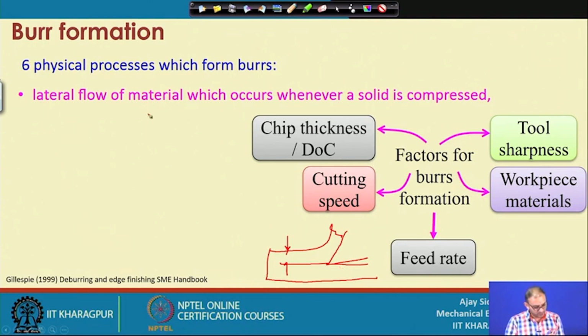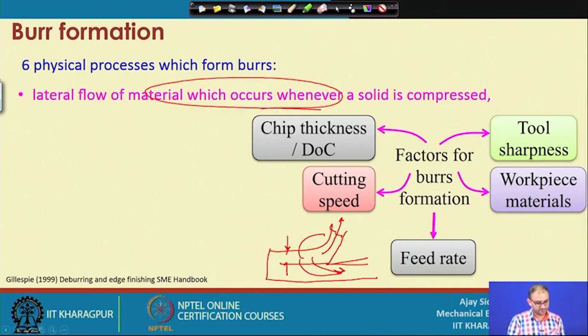Whenever we are pushing the material, we assume that all the chip is flowing over the rake face of the tool, but we have seen in that flow mechanism that some material is actually moving to the side also, and that is also creating a problem. And lateral flow means some material will also go onto the machined surface. So, at that time it is also creating burr formation.